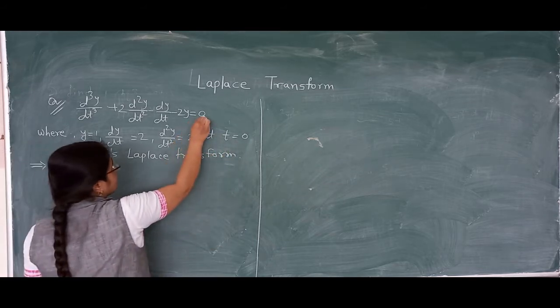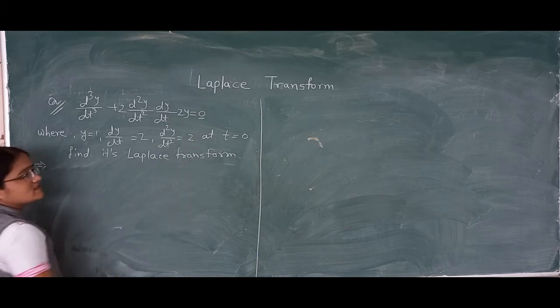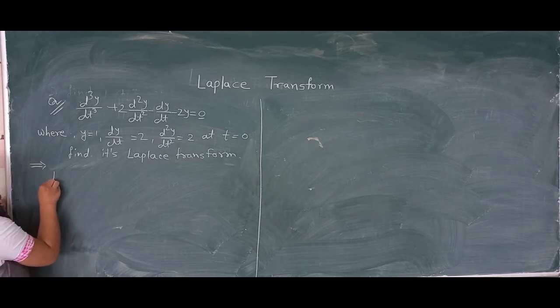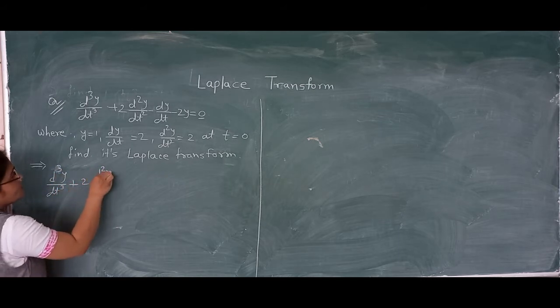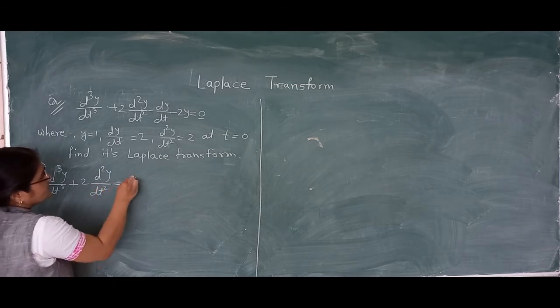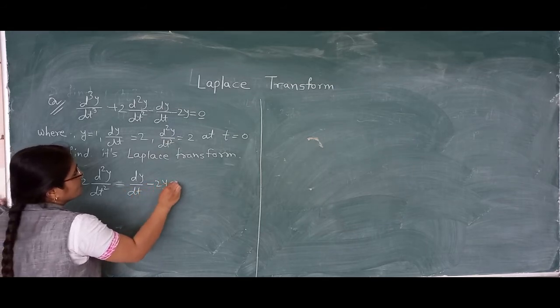See, the right hand side is 0, that means it is a homogeneous equation. Okay? So we just have to find its Laplace transform. So again, d cube y upon dt cube plus 2 d2 y upon dt square minus dy upon dt minus 2y equal to 0.